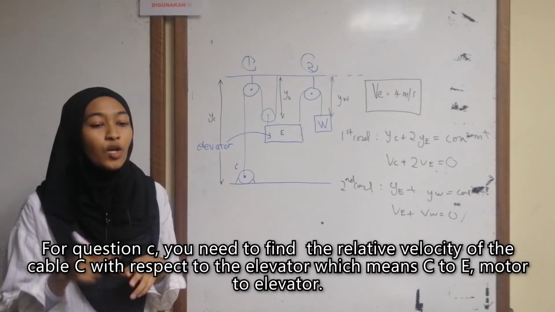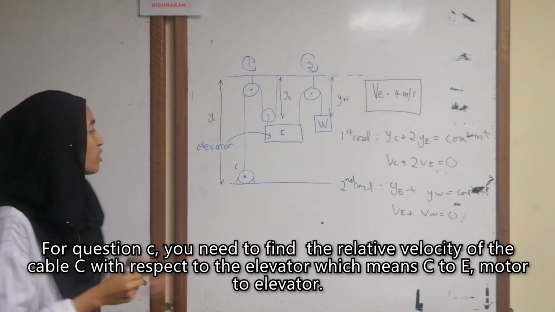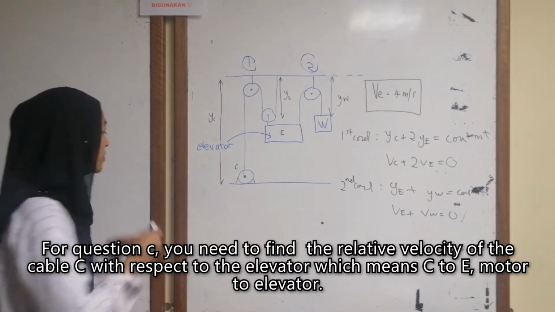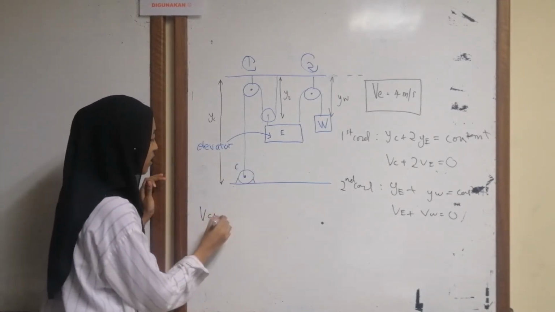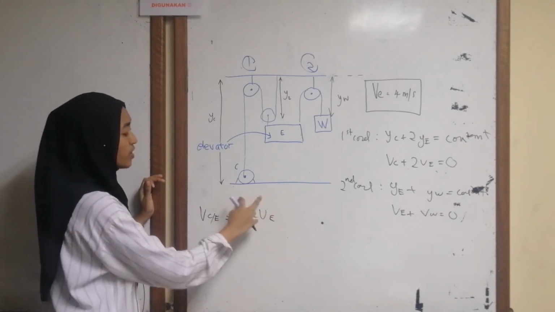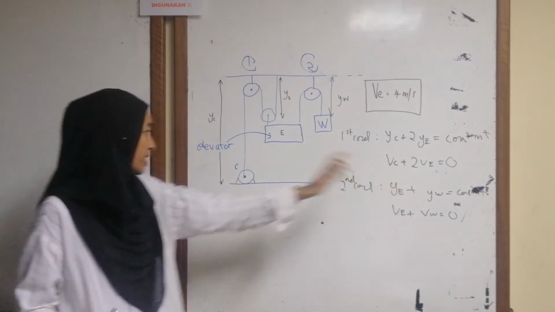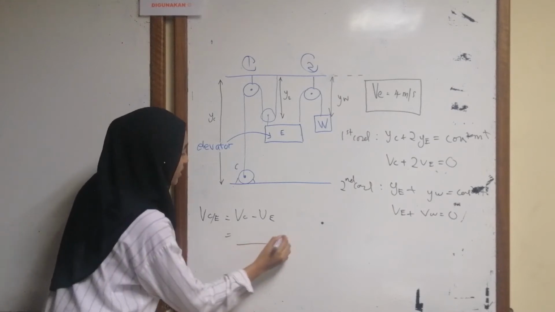For question C, we need to find the relative velocity of C with respect to E, which means C to E, cable to elevator. So we just write VC to E, which means VC minus VE. VC and VE we can find from what we found just now. So you just put them in and you will find the answer.